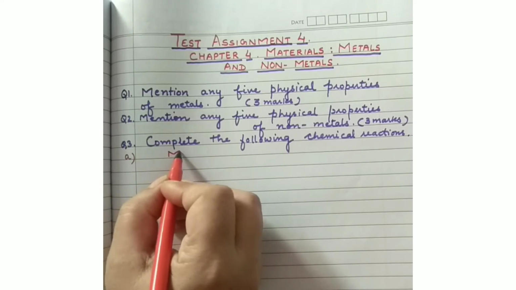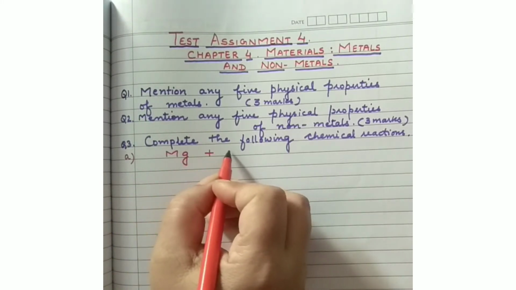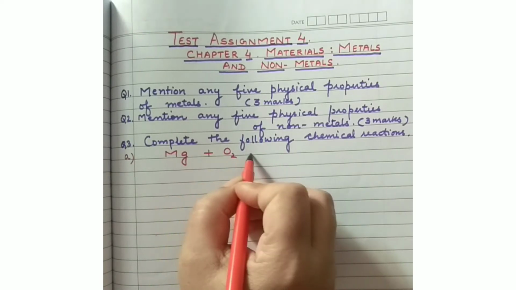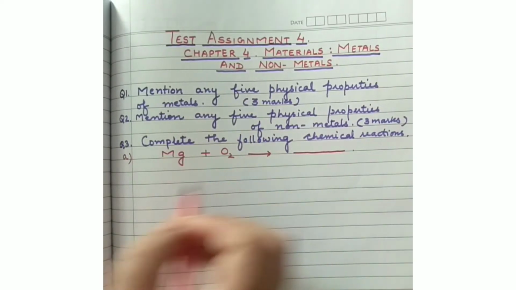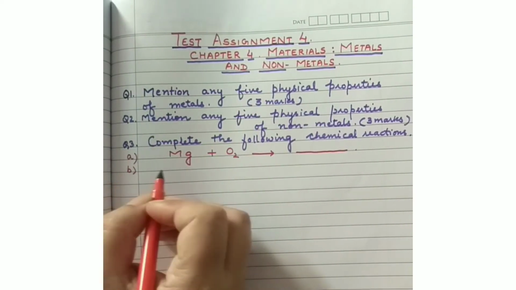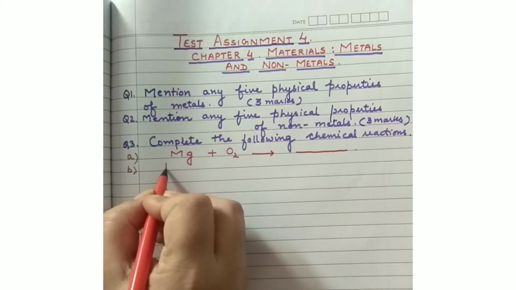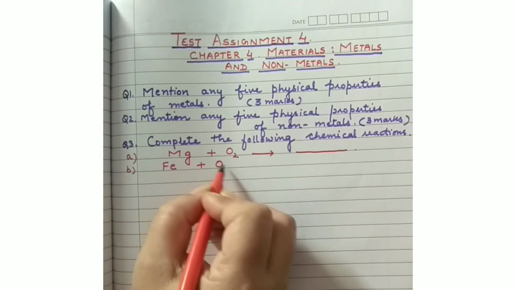Okay, A part is magnesium. The symbol of magnesium is Mg plus oxygen O2. It gives what? You have to complete the chemical reaction.